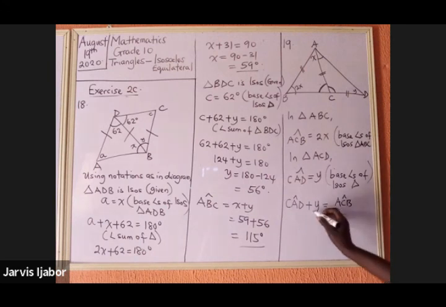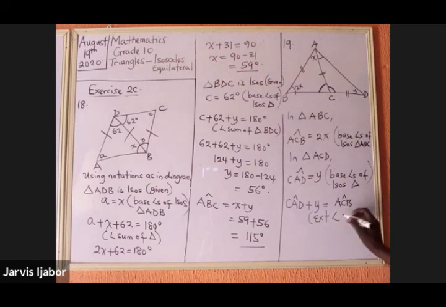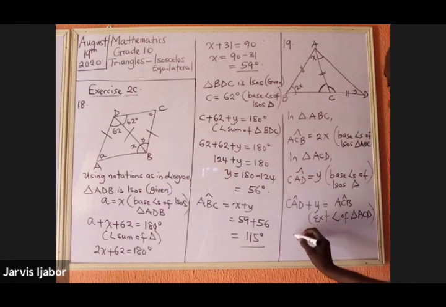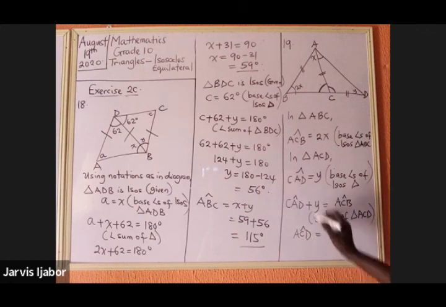What's the reason for that? Exterior angle of triangle ACD. The exterior angle, which is the interior angle of this one. So you discover that from here, angle ACB will be equal to y plus y, which is 2y.